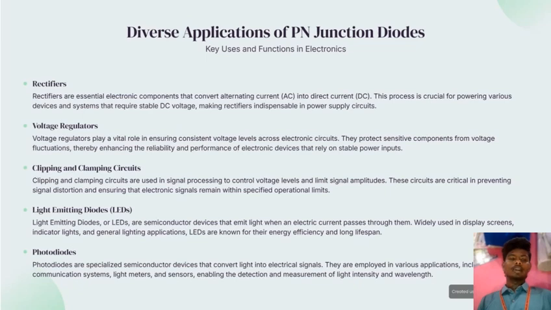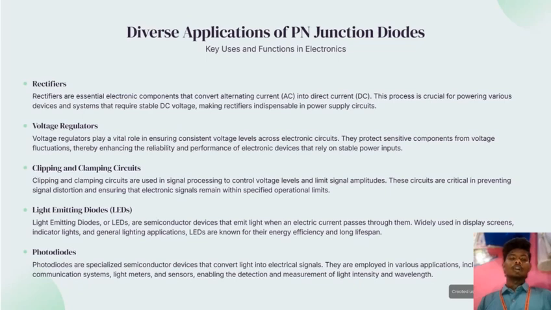Light emitting diodes, LEDs. Light emitting diodes, or LEDs, are semiconductor devices that emit light when an electric current passes through them. They are widely used in display screens, indicators, lights, and general lighting applications. LEDs are known for their energy efficiency and long lifespans.